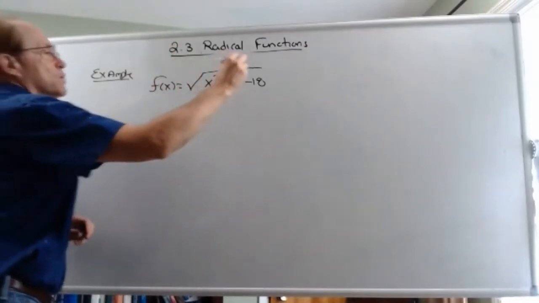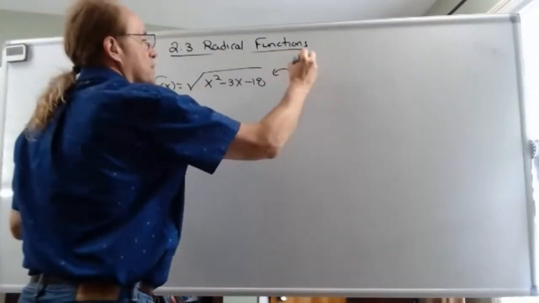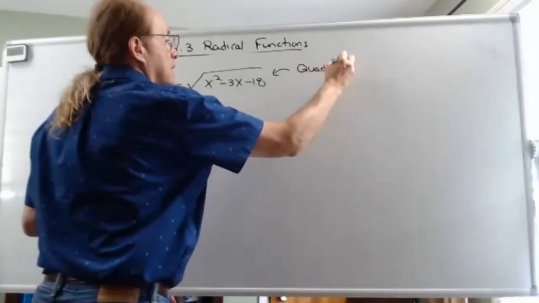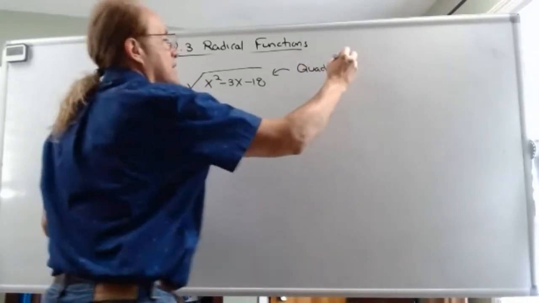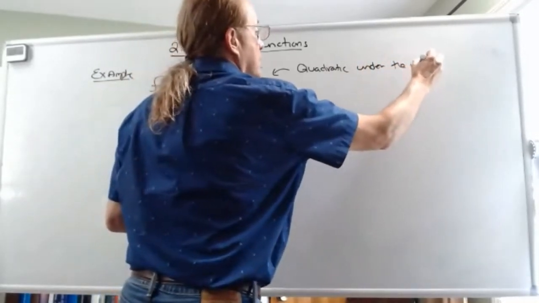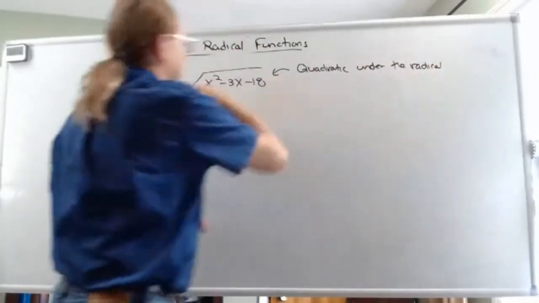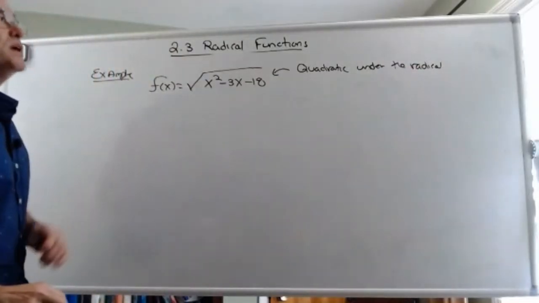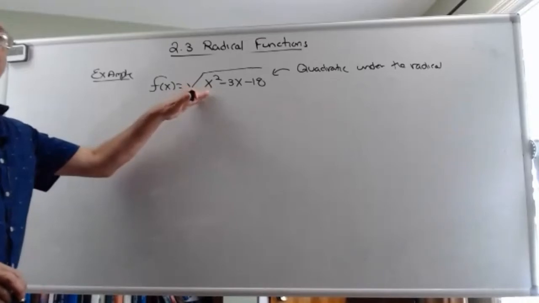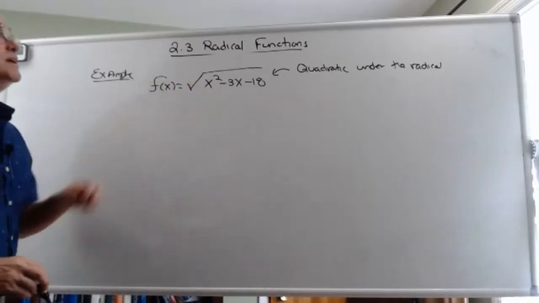Now, instead of linear polynomials, we're dealing with quadratics, a quadratic under the radical or the square root symbol in this case. If it is a square root, again, we have to make sure that that is always non-negative.